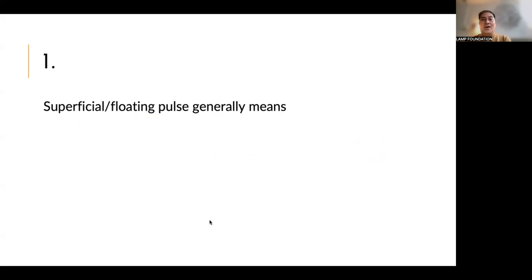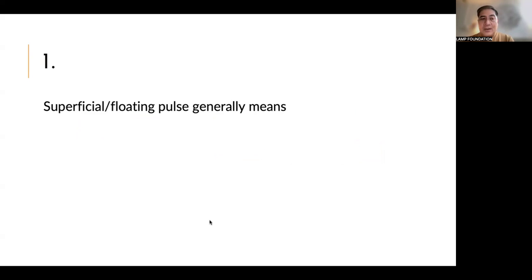Next. Okay, number one. When you have a superficial or floating pulse, what does this generally mean? So you felt the pulse of the patient, ay nako, floating na floating talaga. So that means you don't feel anything when you press harder, no? So you should differentiate this from the overwhelming pulse or bounding pulse.